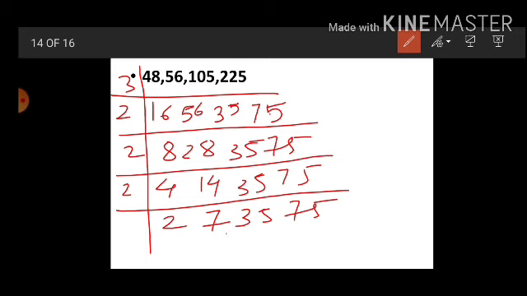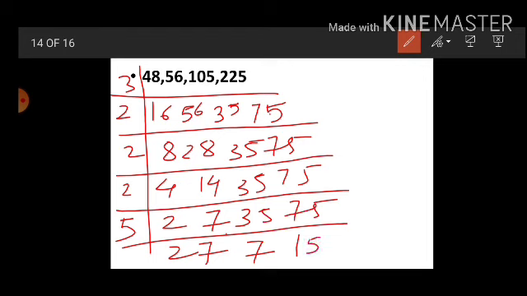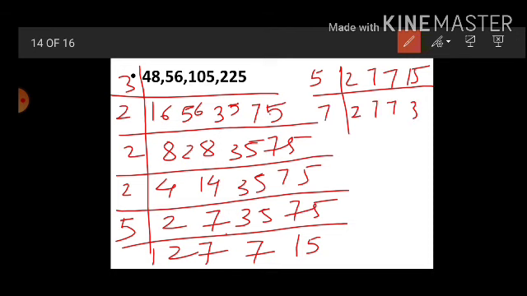Now 2 and 7 are prime numbers, then we will divide only by the ones that divide. Now we divide by 7.